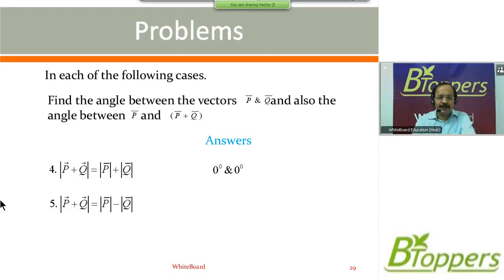See the next question, question number 5. Magnitude of p bar plus q bar equal to magnitude of p bar minus magnitude of q bar. You can take a pause and think about the question. It comes under one of the special cases.